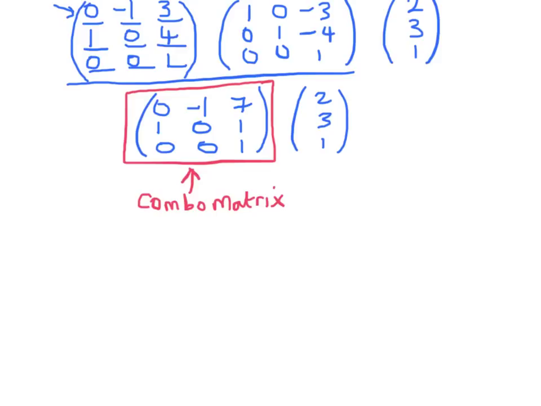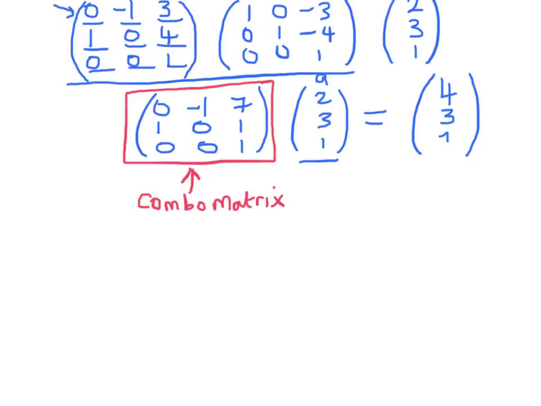So to find my new triangle, I just have to apply this combo matrix to A firstly, and then B and C. So applying it to A, first of all, what I'll discover is A. So 0 by 2 is 0, minus 1 by 3 is minus 3, and plus 7. Minus 3 plus 7 is 4. 1 by 2 is 2, 0 by 3 is 0, 1 by 1 is 1, 2 plus 1 is 3.